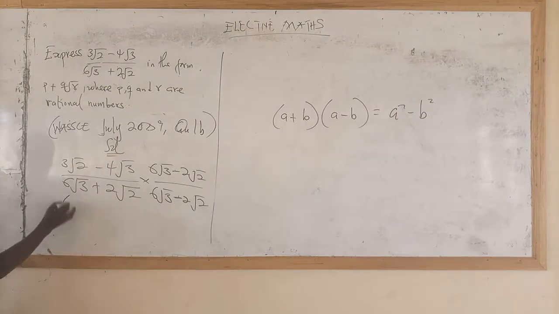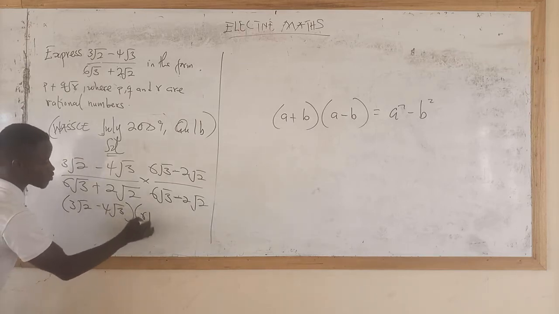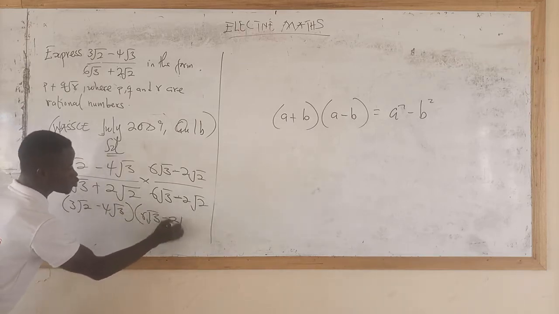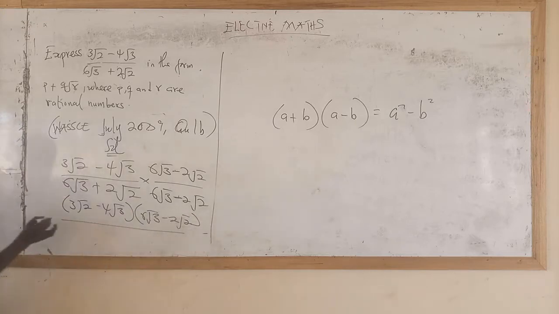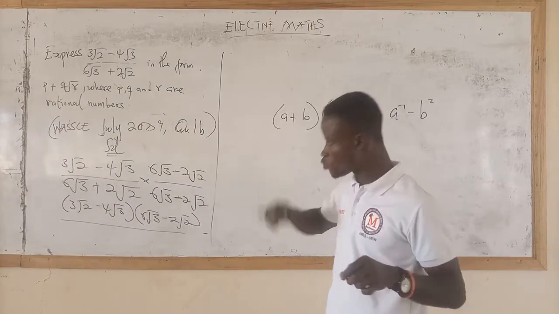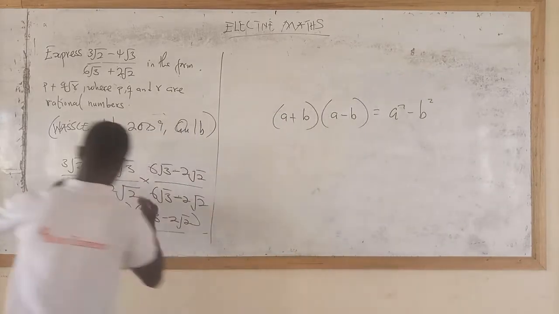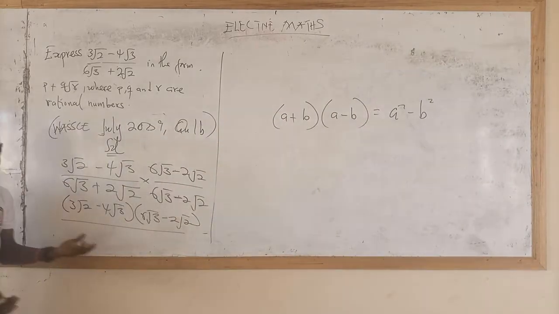So here you can get 3 square root of 2 minus 4 square root of 3 multiplying 6 square root of 3 minus 2 square root of 2, the whole of this over now. If and only if you know what you are doing, you are not going to waste time here to multiply the whole of this by the whole of this again.